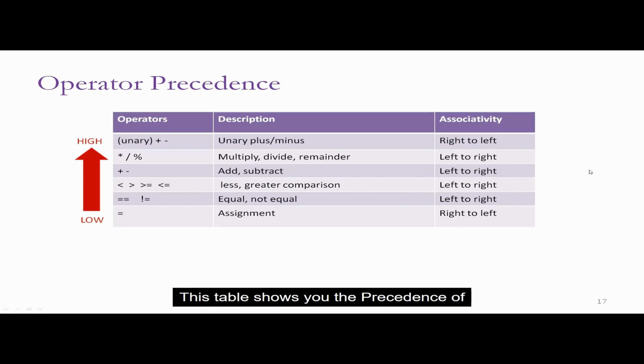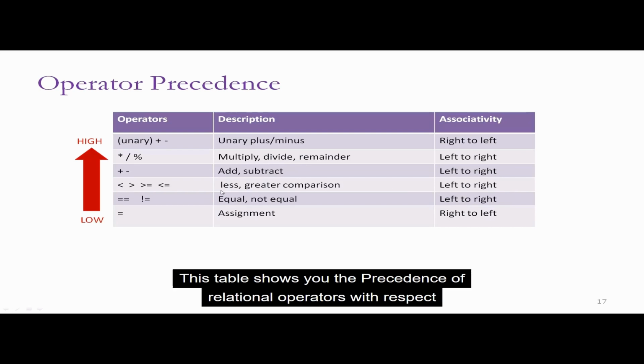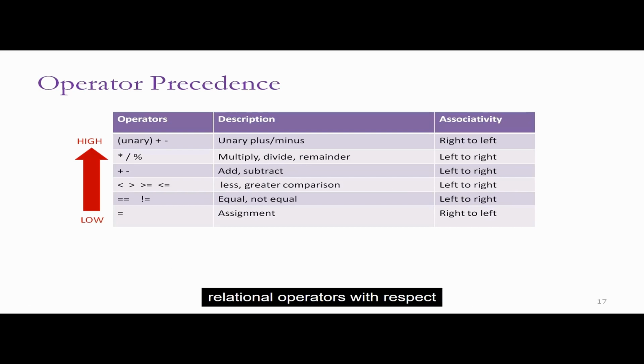This table shows you the precedence of relational operators with respect to the unary operators that we've seen already and the arithmetic operators that we've seen already. You will notice that they have much lower precedence than both unary and arithmetic operators.